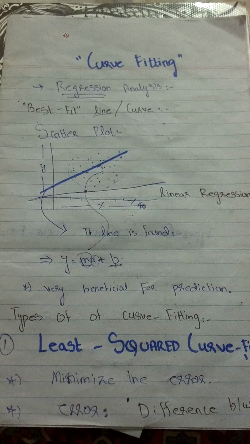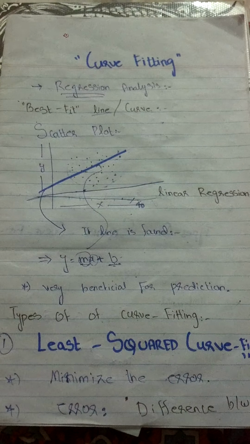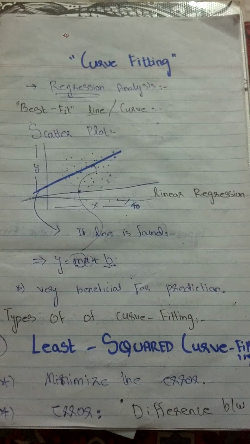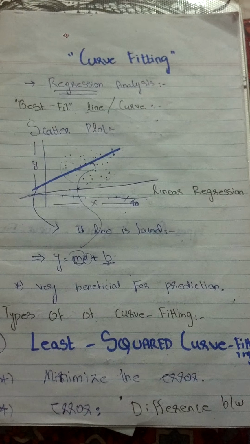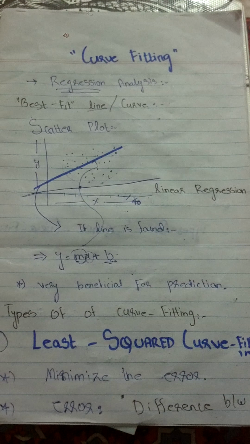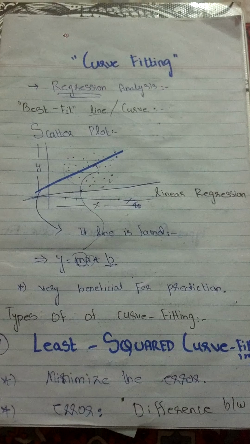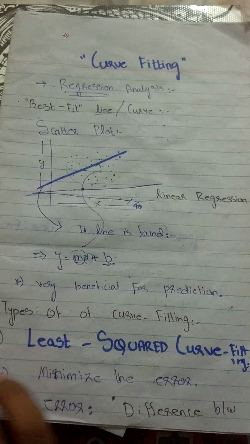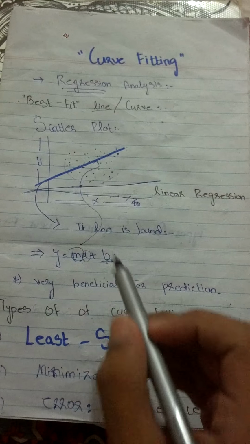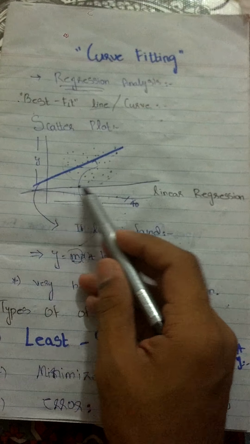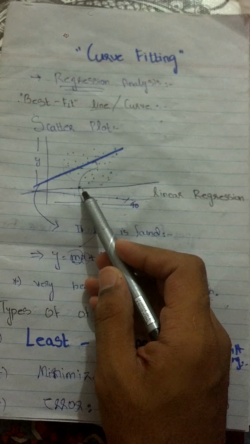Before going further, we'll be discussing what a best fit line or best fit curve really is. A best fit line or curve is the way of finding a line, in the case of linear regression, that best represents the data on the scatter plot. Like in this case, the line could be like this, passing through this point, but in this case it is hitting only one point.